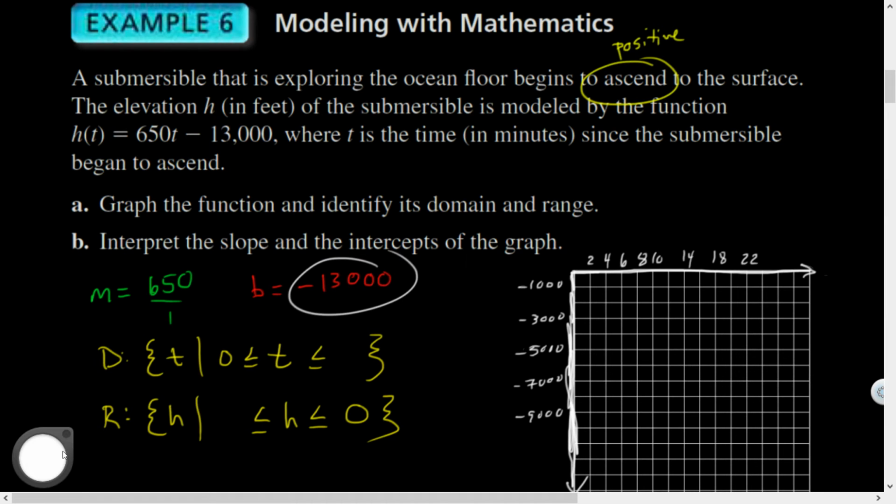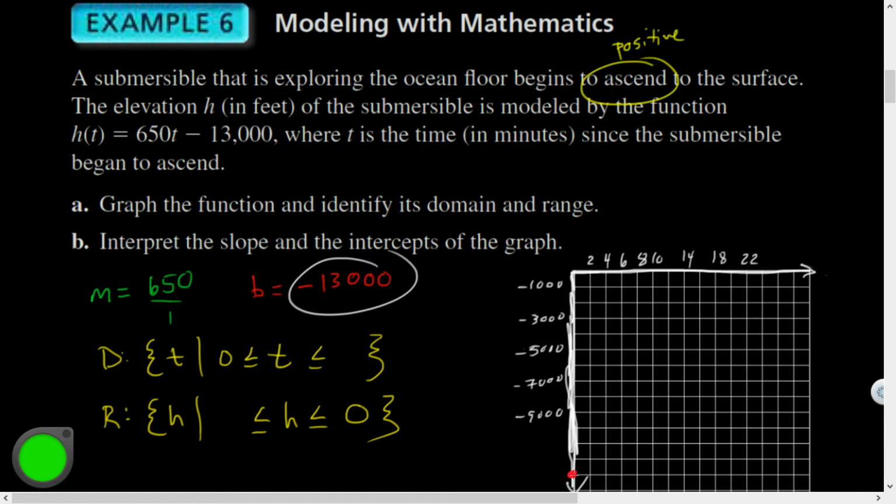So let's plot our points here. So negative 13,000, this was 9,000, 10,000, 11,000, 12,000, 13,000 right there. Bam. That's as low as we go. And now it's increasing by 650 feet per minute. Okay, 650 feet per minute. That was what my slope was.